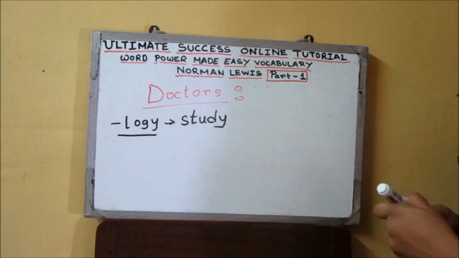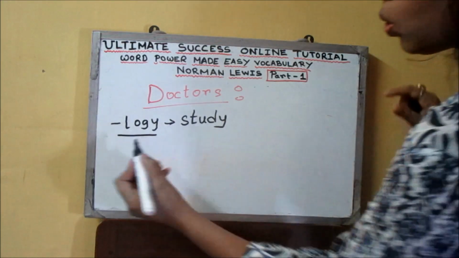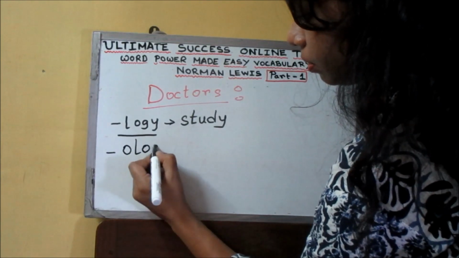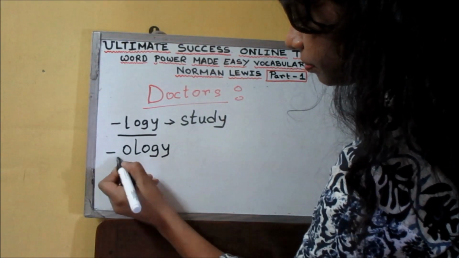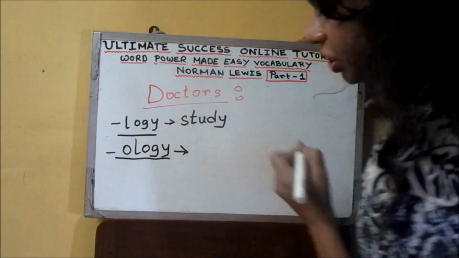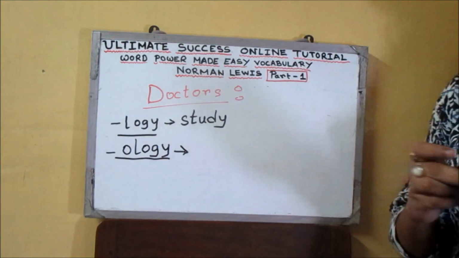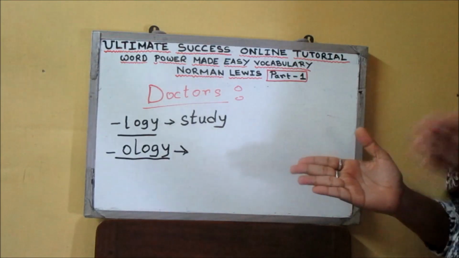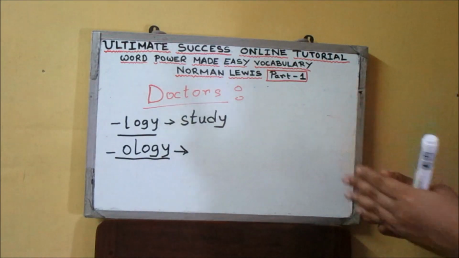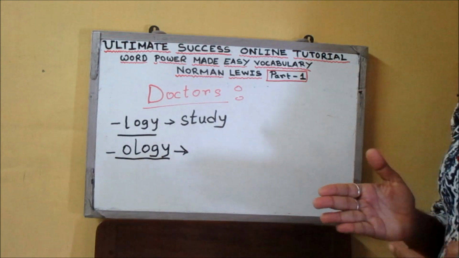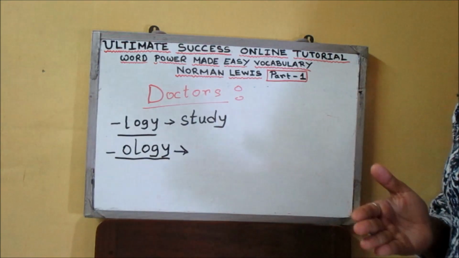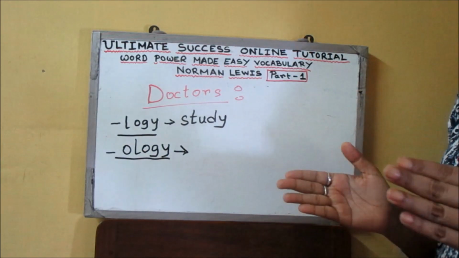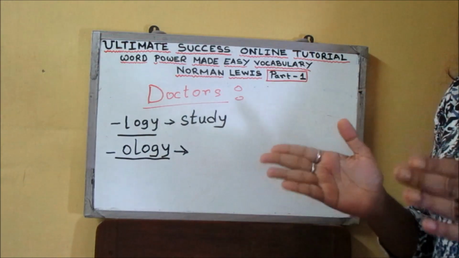The next word is ology. Ology is a branch of knowledge like zoology, geology, meaning a study of a certain branch.